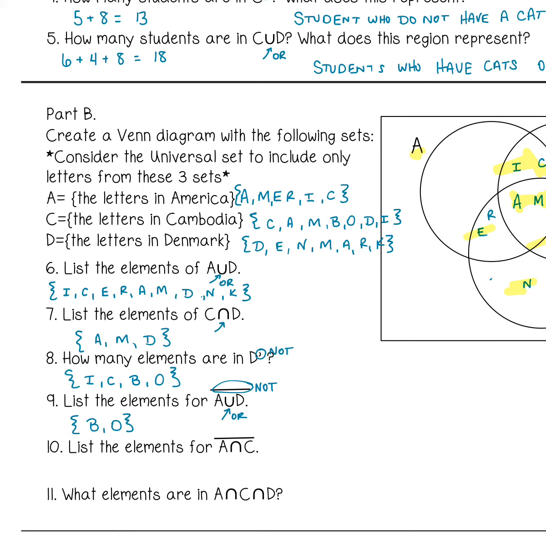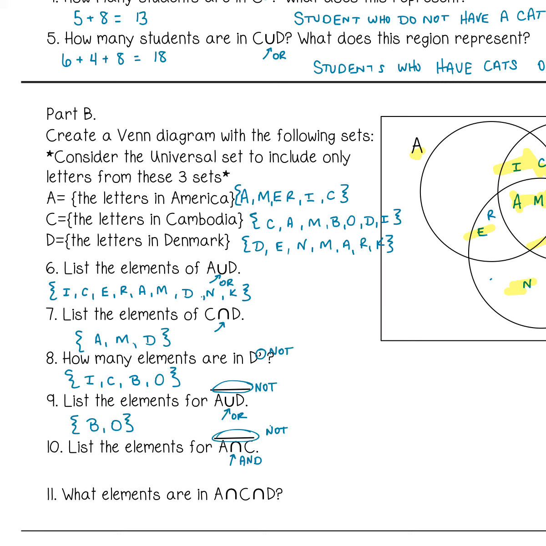How many are not, the bar, remember bar means not, in A and C? So anyone that's not in A and C, so not in our overlap.